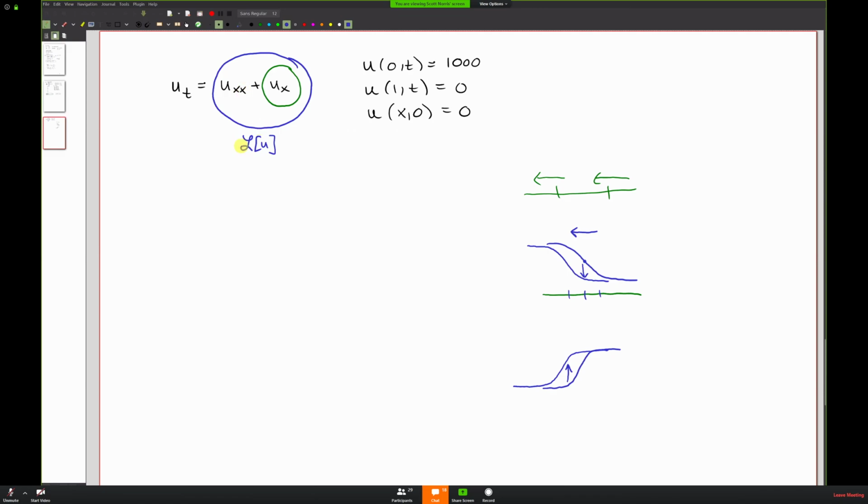All right, but we now have to put this spatial operator in Sturm-Liouville form. No big deal, that was what chapter 3 was all about. So let's do that. Lu equals u_xx plus u_x.